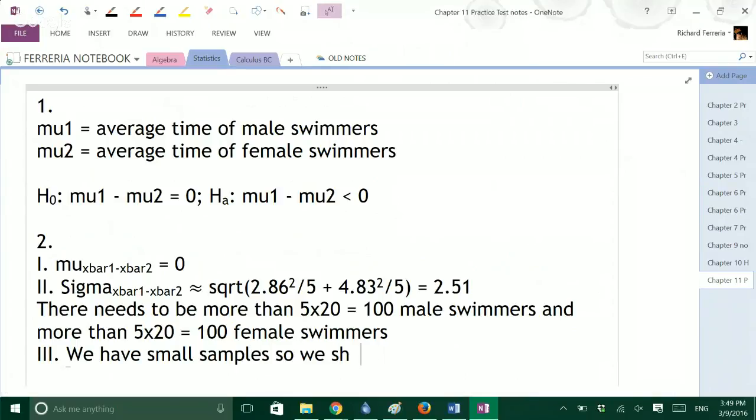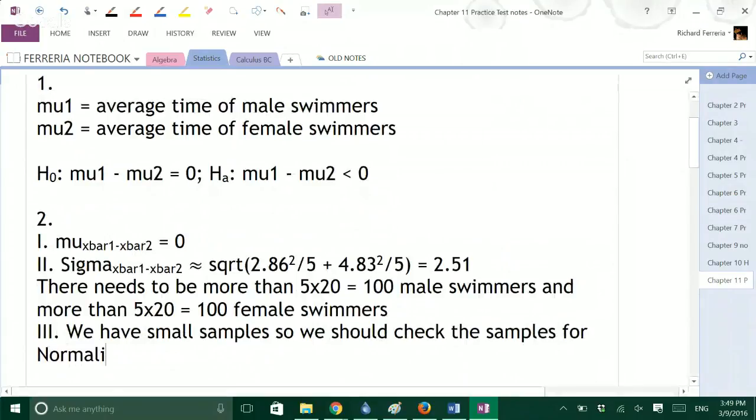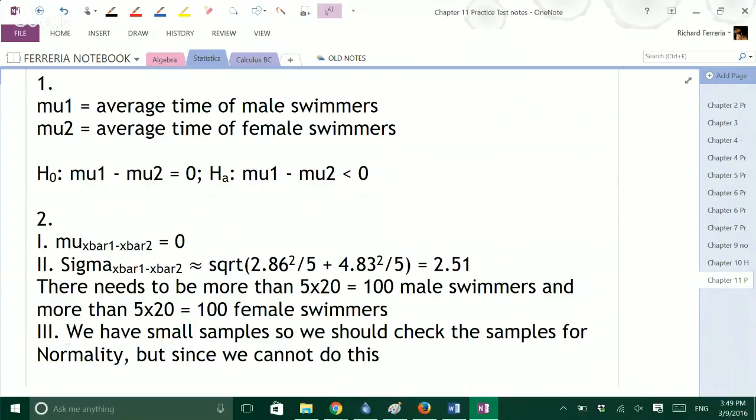So we should check the samples for normality. Since we cannot do this, we need to assume.